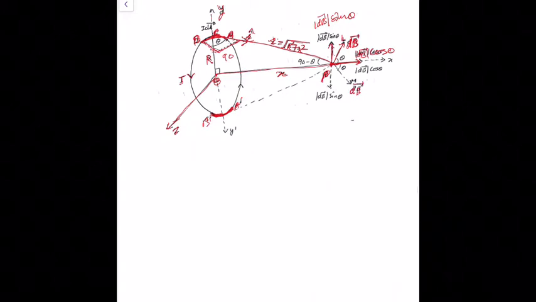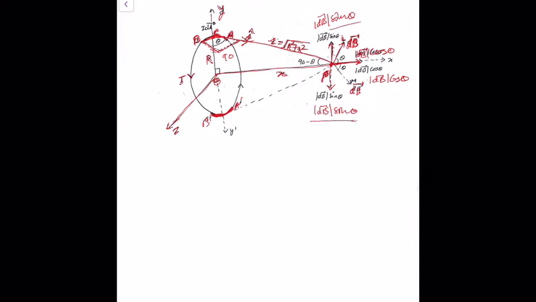Here it is dB, resolved in two parts. First dB vector cos theta horizontal component, and vertical component dB vector sin theta, as they are equal in magnitude and opposite in direction. Both dB sin theta are the same in magnitude but opposite in direction.